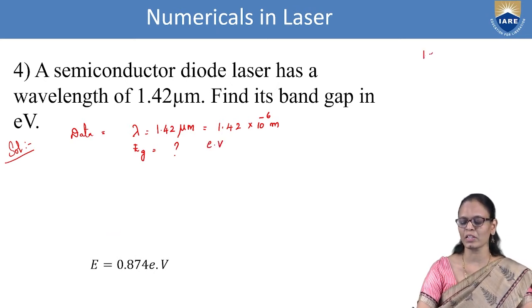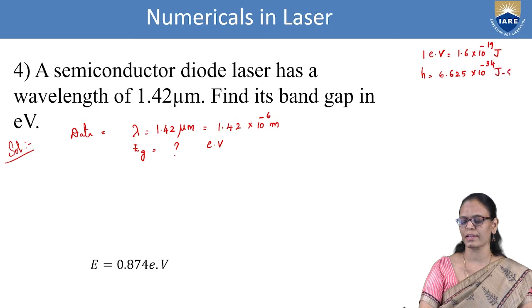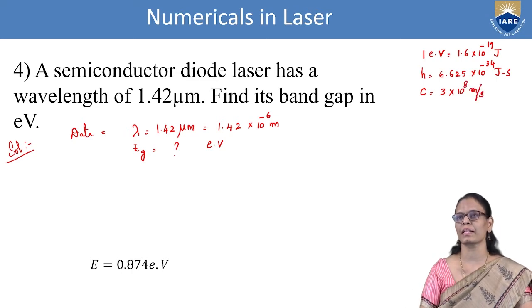So we will write down the conversion here. 1 electron volt is 1.6 into 10 power minus 19 joules. And the value of h is 6.625 into 10 power minus 34 joule seconds. And the value of c, constant, velocity of light, is 3 into 10 power 8 meter per second.